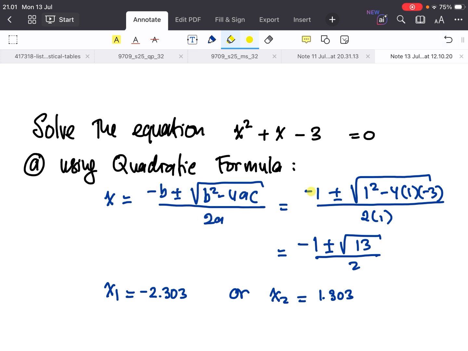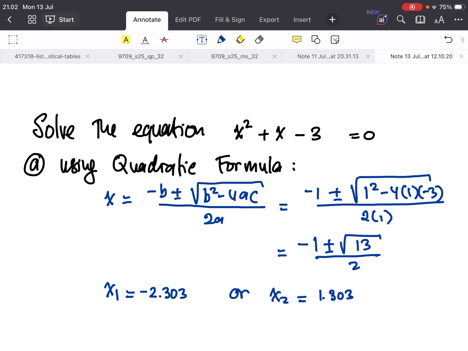It's equal to minus 1 plus or minus square root of 1 squared minus 4 times 1 times minus 3 over 2 times 1. And we have two solutions to this equation. The first is x equals negative 2.303 and the second is x equals 1.303.